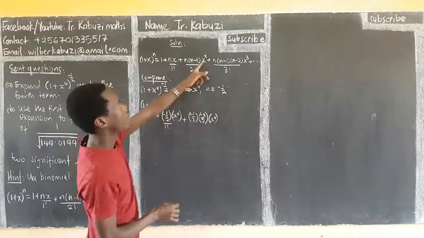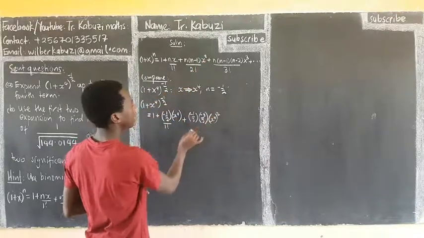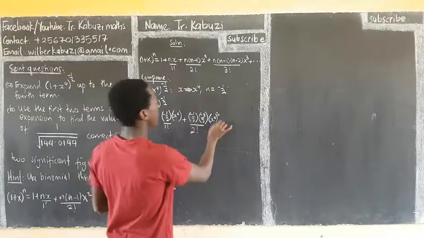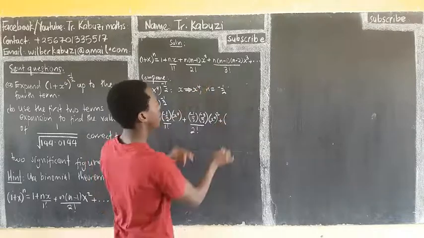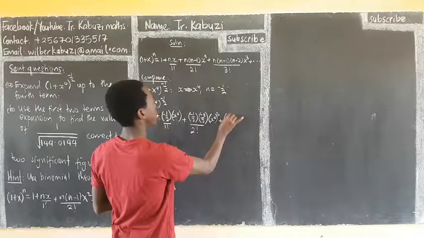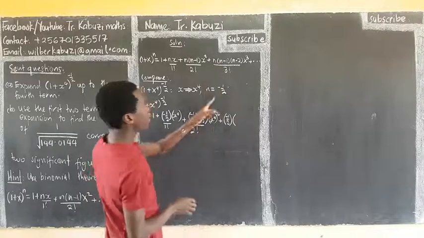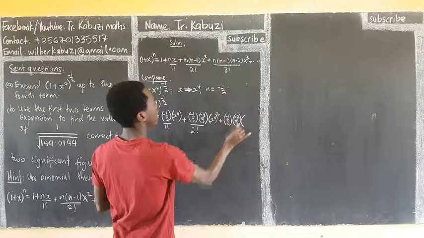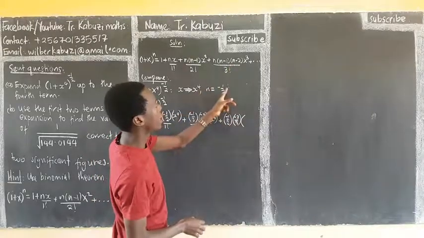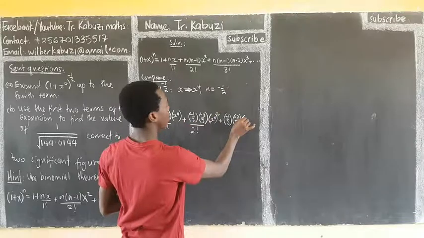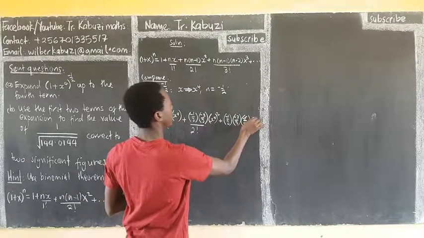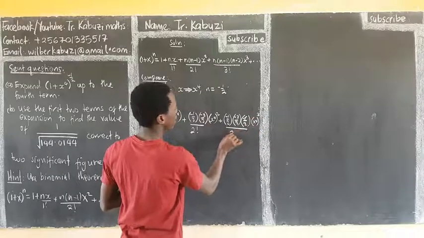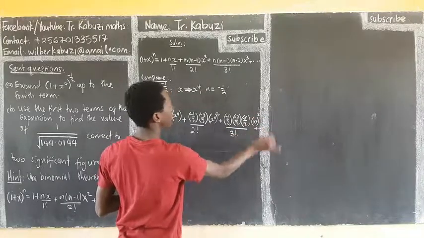But remember, we are squaring it, over 2 factorial. Then plus our n, which is negative a half, into n minus 1, which gives negative 3 over 2, then n minus 2, which gives negative 5 over 2, then (x^4)^3 over 3 factorial, plus other terms coming.